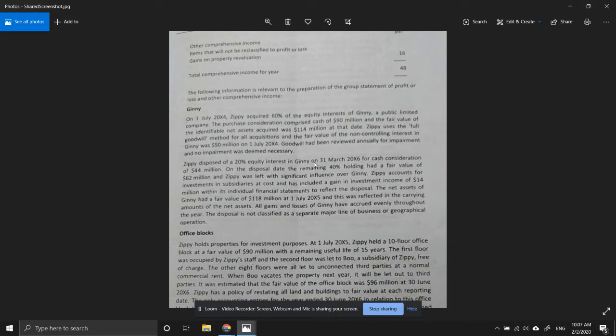Other things we need to discuss are the criteria. How do you determine that there is control? When there is a numerically large, dispersed group of investors, even though you might have less than 50% holding, you might still have control over that entity.